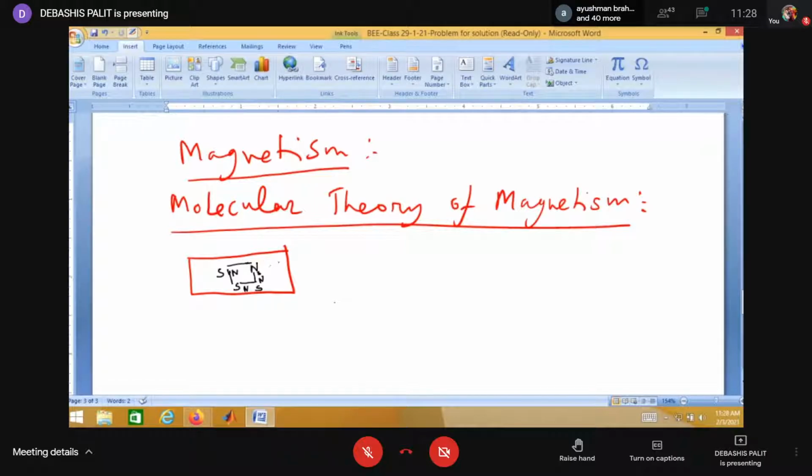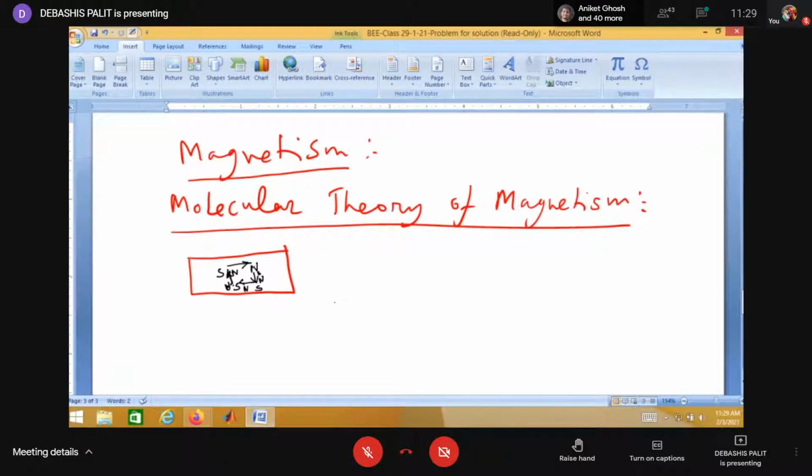So if I consider a direction like this, you can follow N, S. Here this is N and this is S. So if I consider this direction, there is a closed path formation.